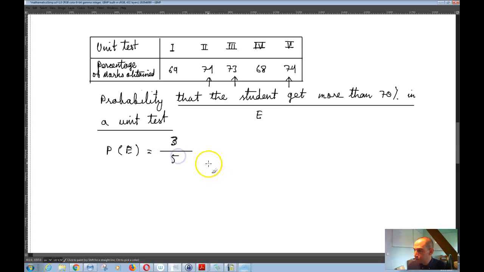So 3/5, which is 0.6. So the total number of unit tests held is 5, and the number of unit tests in which the student obtained more than 70% marks is 3. So 3 divided by 5 is equal to 0.6.